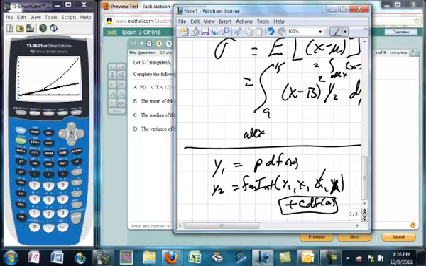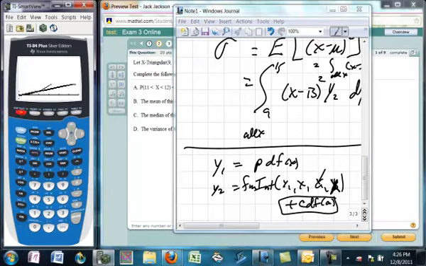And sure enough, this did start at 0 and end at 1, so that's good news for us. Now the median is where we put 0.5 for the Y value on that curve. So it's again where we know the CDF.